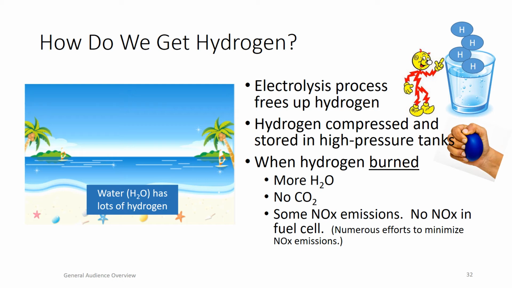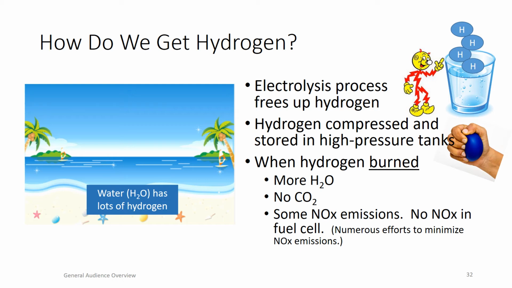I've mentioned hydrogen several times. How do we get hydrogen? Well, there's lots of hydrogen in water, H2O. Think about middle school or high school, the electrolysis when you're in chemistry class. You tie something to a battery and then put a little probe in water and the bubbles come out, and that's hydrogen.